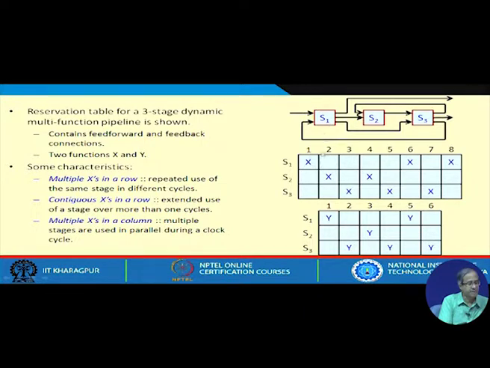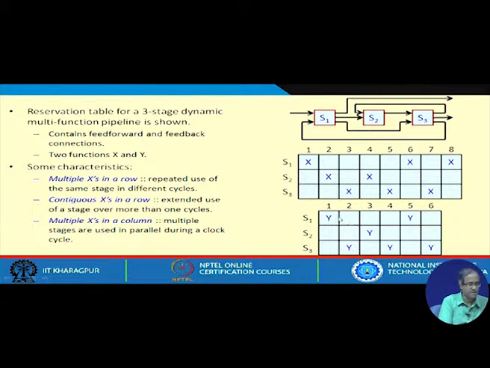First time step S1, second time step S2, third time step S3, fourth time step again S2, that means from S3 again you go back to S2, fifth time step again S3, sixth time step S1, so from S3 you go back to S1, then again S3, you follow this path to S3, then again S1 and you are finished, you come out.